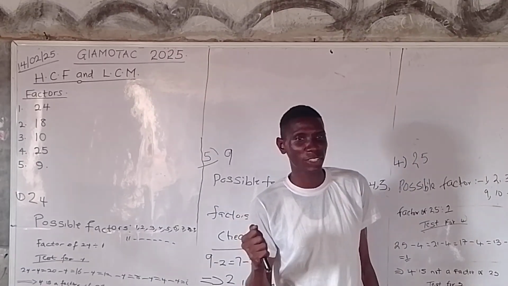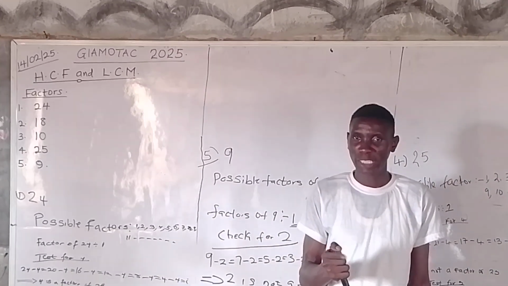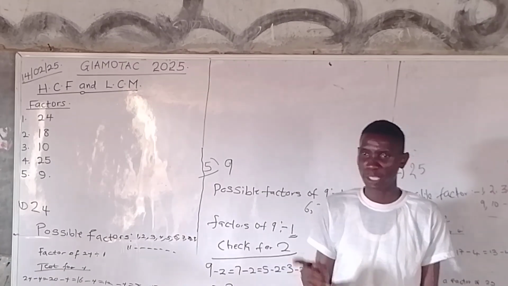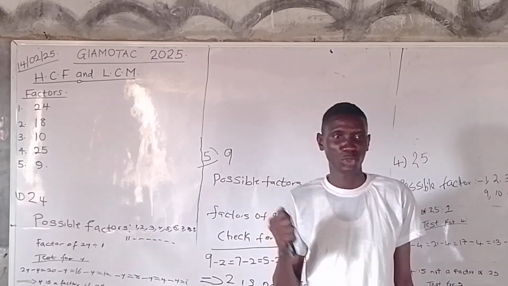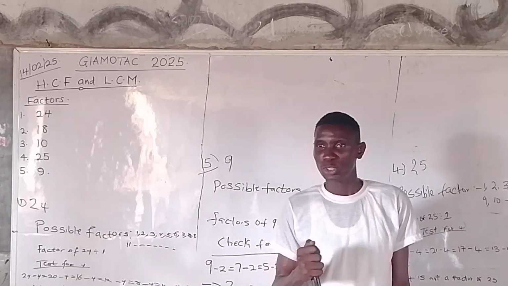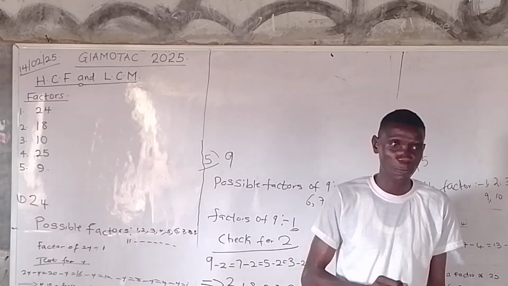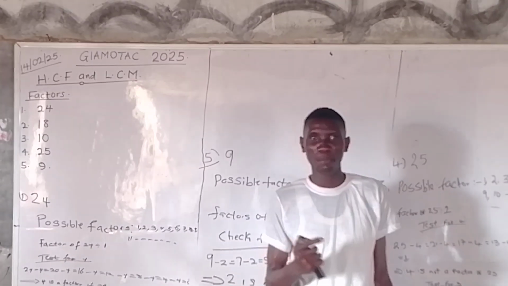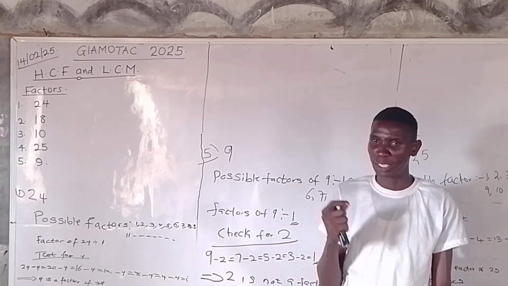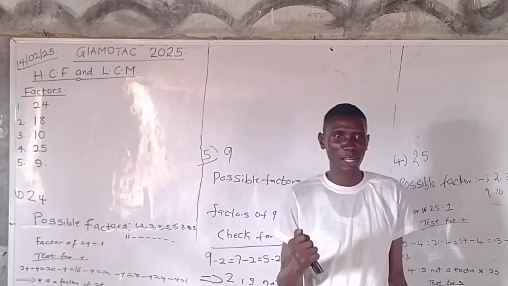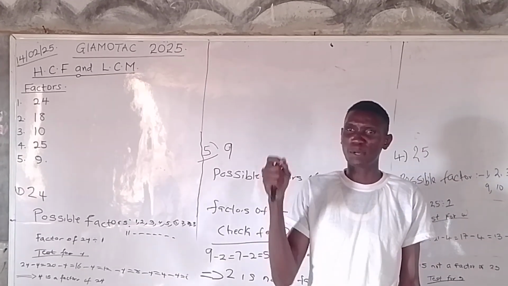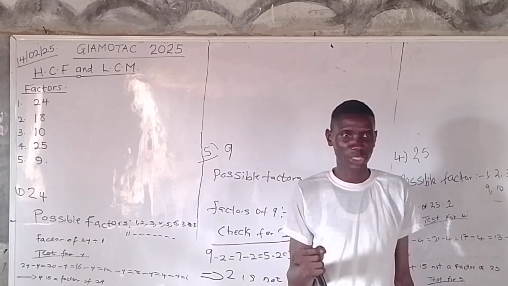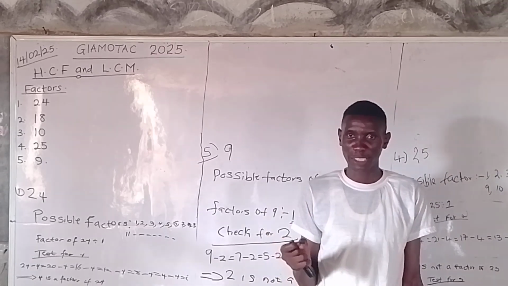The number that does not give you 0, giving you another number, is not a factor of that number. Before we can say that a number is a factor, it must give you 0. Any number that you subtract repeatedly and cannot get 0 is not a factor of the other number.